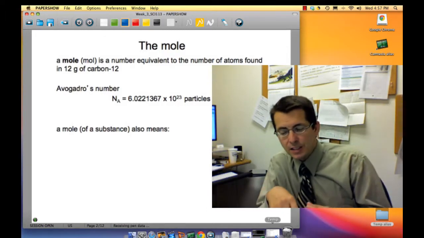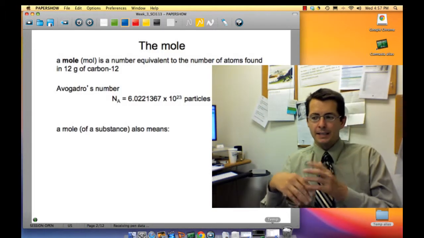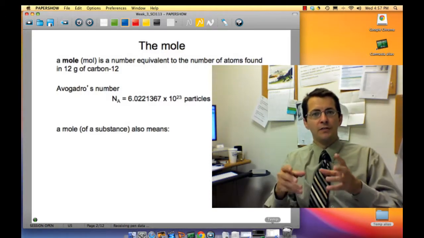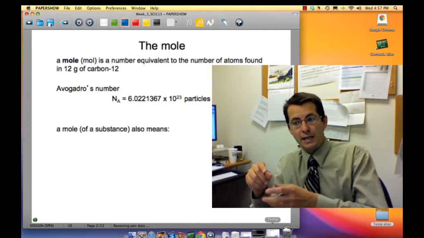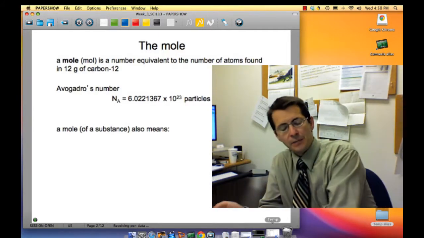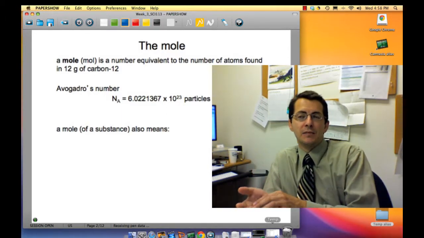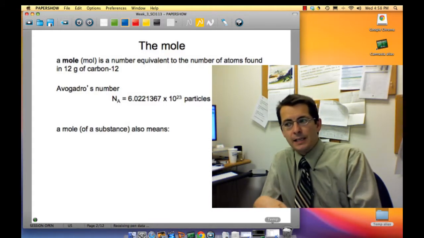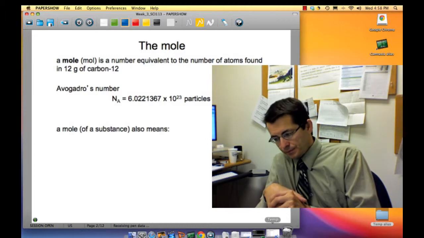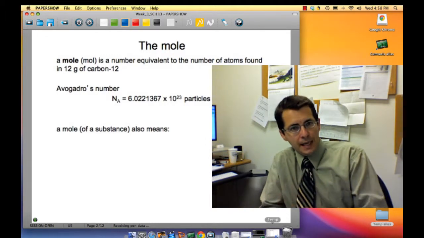And what this does is stack the deck such that something that weighs 12 AMUs is 12 times as large as something that weighs 1 AMU. Similarly, with the mole, something that has 12 moles has 12 times as many particles as something that has 1 mole. So we can use this as a sort of scaling factor.